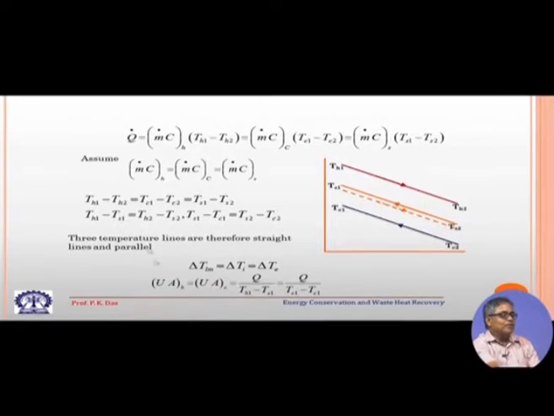This also comes from the drastic assumption we have made, that m dot C H is equal to m dot C C, which is equal to m dot C S. The product UA for each of the heat exchangers, either hot side or cold side, is equal, and that can be given by Q by the temperature difference delta T of the hot end heat exchanger, or Q by delta T, the temperature difference of the cold end heat exchanger.